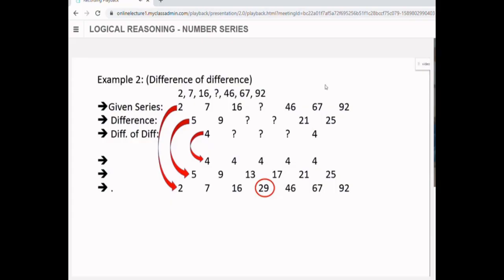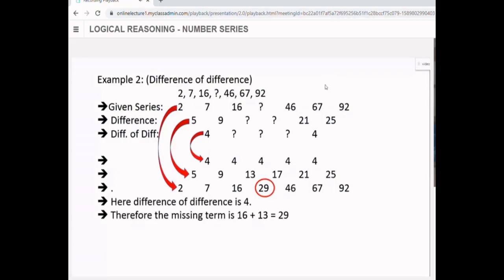29 is your number. Here it's saying, difference of difference is 4. Therefore, the missing term will be 16 plus 13, that is 29. This is called difference of difference. With the first difference, I'm not getting any clue: 5, 9, question mark. So I went down one step further and now I got 4, question mark and 4.